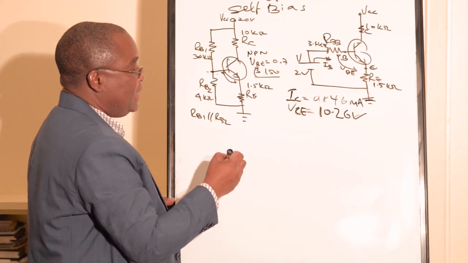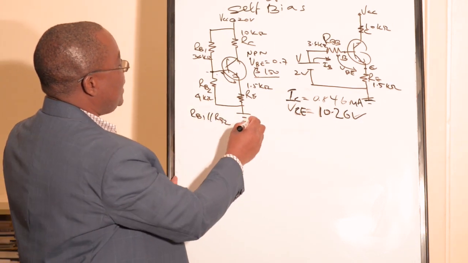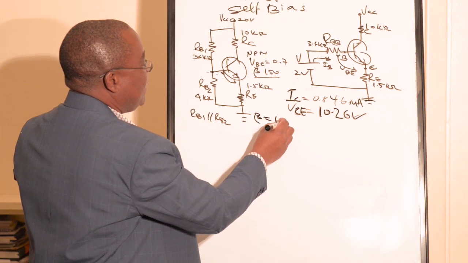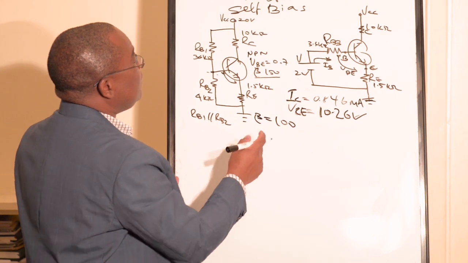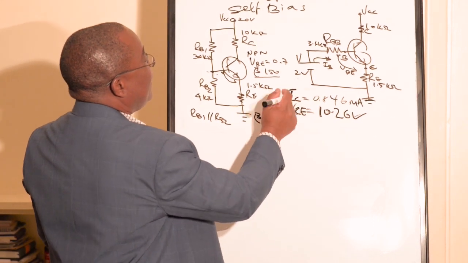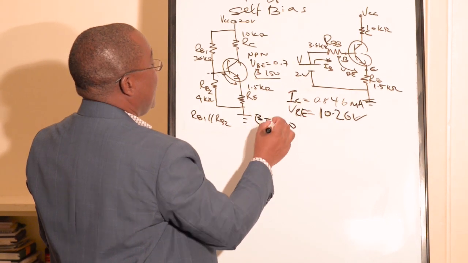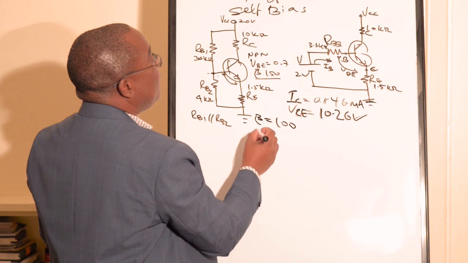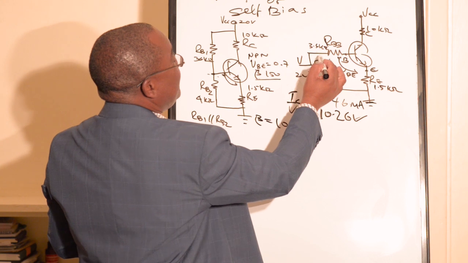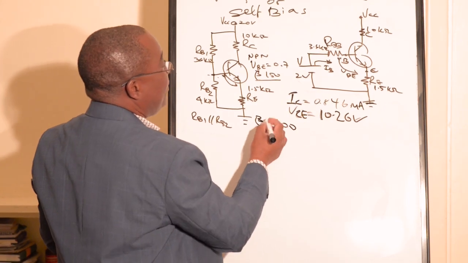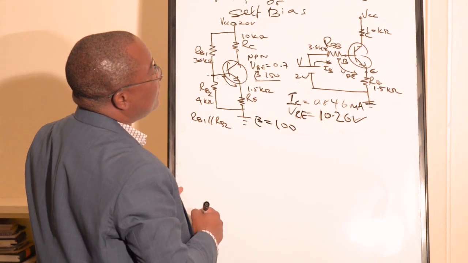So we'll do again with the same circuit and the values, but we change beta to 100. So at beta 100, our IB, because the RBB will be the same, voltage will be the same.